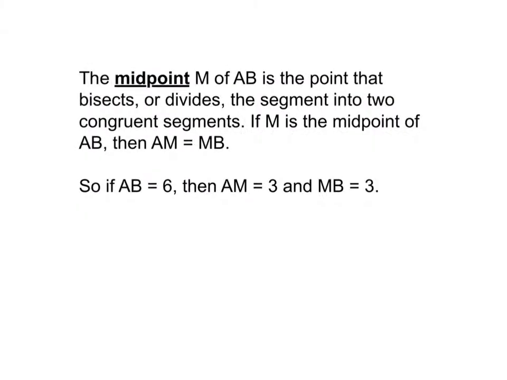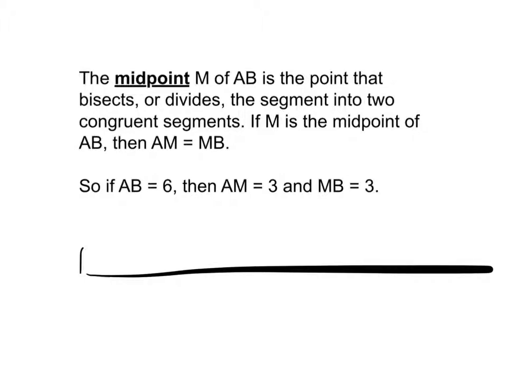The midpoint is your next definition and also your last buzzword. The midpoint is a point that bisects or divides the segment into two congruent segments. So if M is the midpoint of AB, then AM equals MB. So here, let me draw a line to give you a better idea. So this is A and this is B. And M is the midpoint.